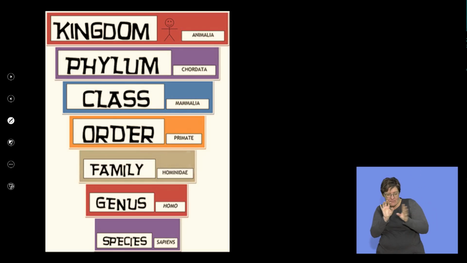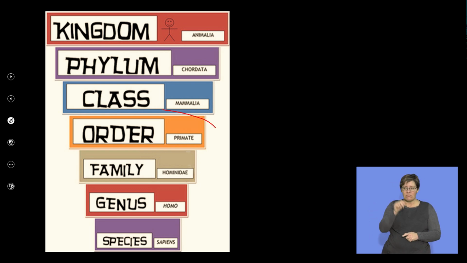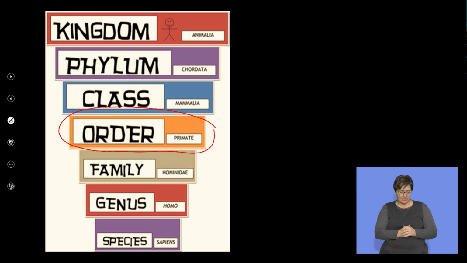And each time we go down, we make the criteria more and more specific. So when we start off with human evolution, we are looking at this one, the order. And why are we looking at the order? We're looking at this whole concept of a primate. We fall under this order, the primates.